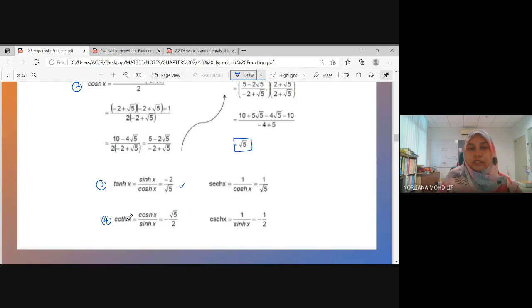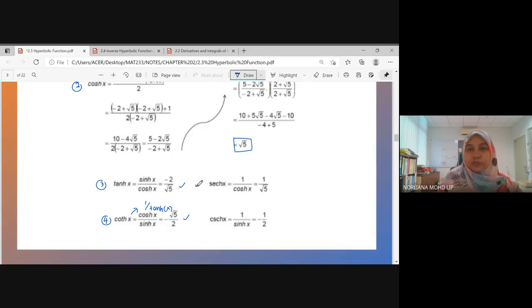The cotangent is equal to 1 over hyperbolic tangent, or hyperbolic cos over hyperbolic sine. So we will get this, it is inverted.